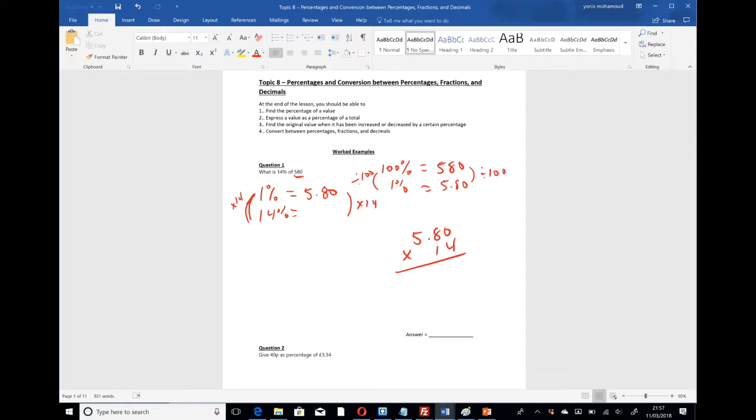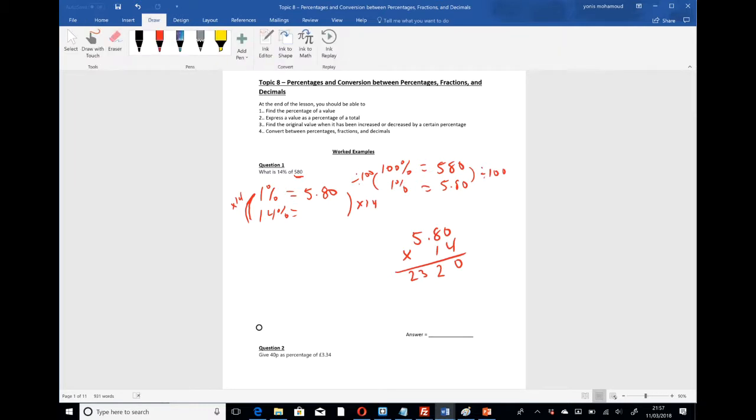So 0 times 4 is 0. 4 times 8 is 32, so you put the 2 down and carry the 3, and then you do 4 times 5, which is 20. Add the 3, you have 23. Let me just get rid of the 3 on top. Okay, so it's gone.